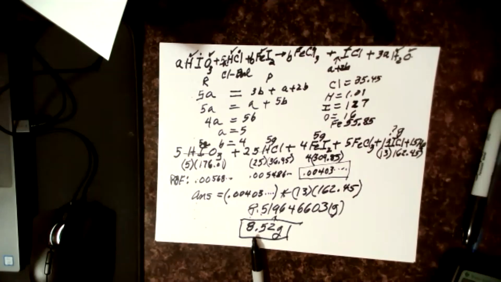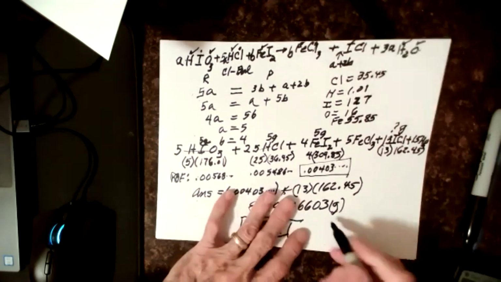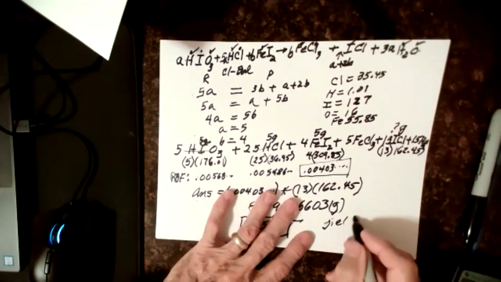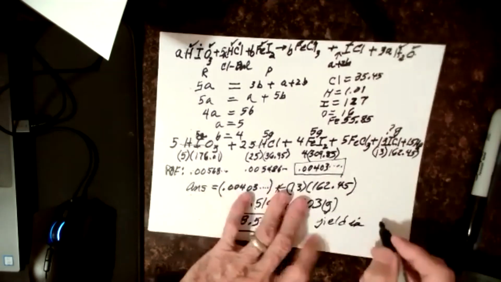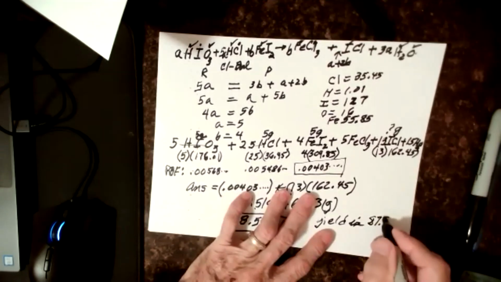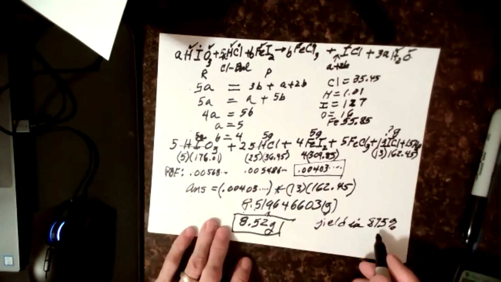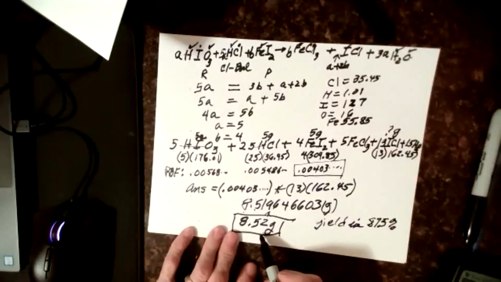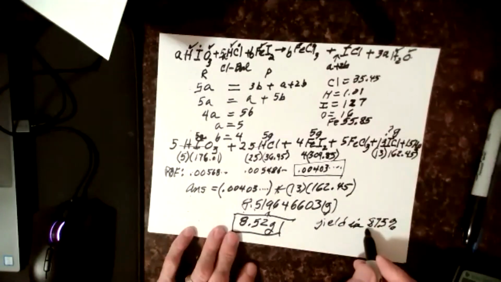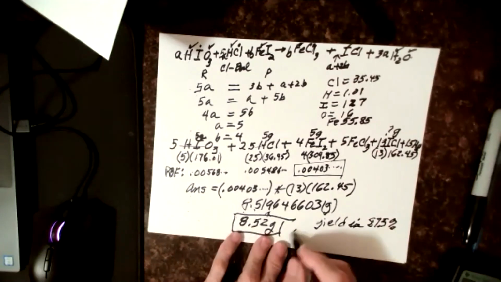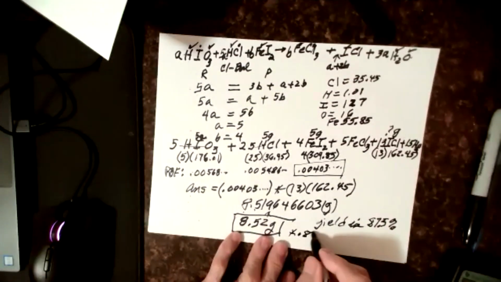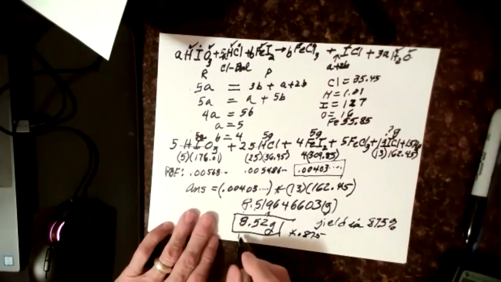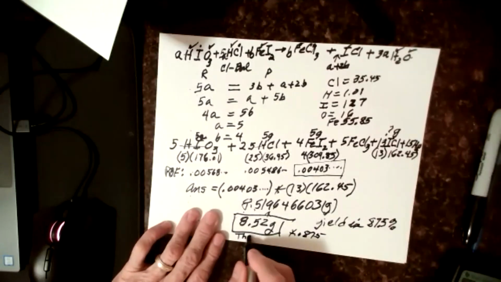So if I knew, for example, the yield in this problem, it tells me the yield is 87.5%. So I need to take that into account and say, okay, if I'm only going to get 87.5% of this, what would I actually get? So I'm just going to take this number and multiply by 0.875. This is what's called theoretical yield.